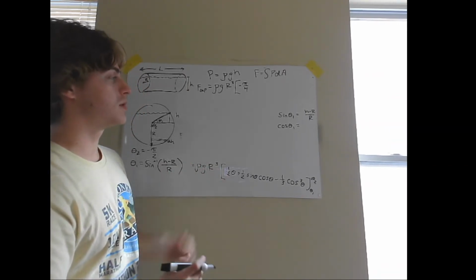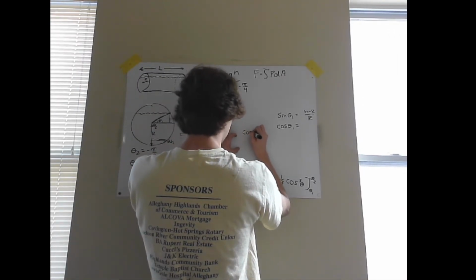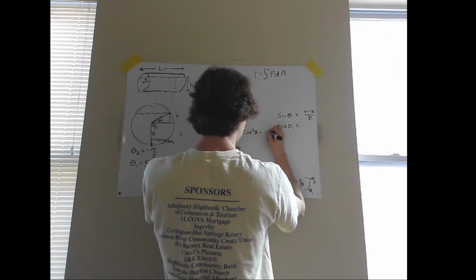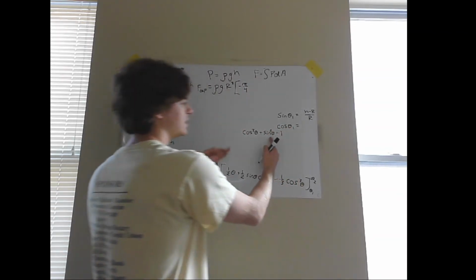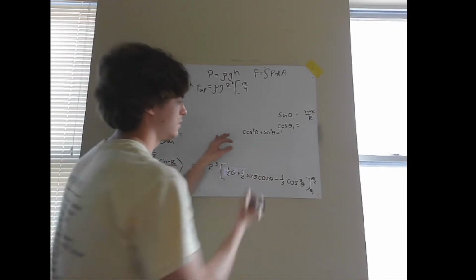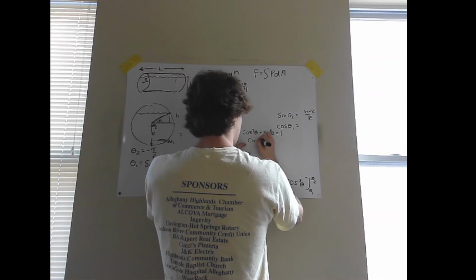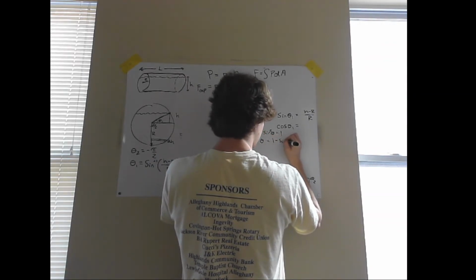And so to express this, I'm going to use a trig identity. So cosine squared theta plus sine squared theta equals 1. And since we know what sine of theta1 is, we can use that to find cosine of theta1. So cosine squared theta is going to be equal to 1 minus sine squared theta.